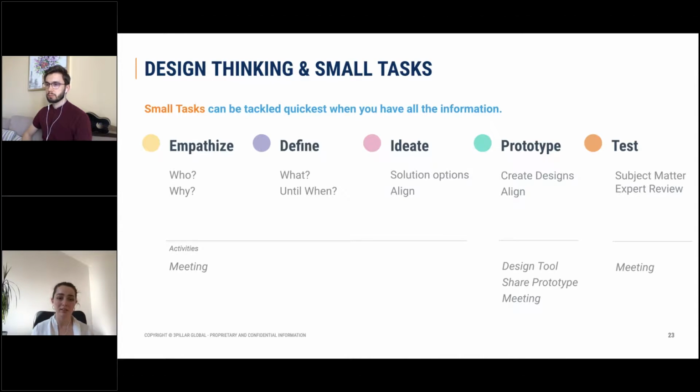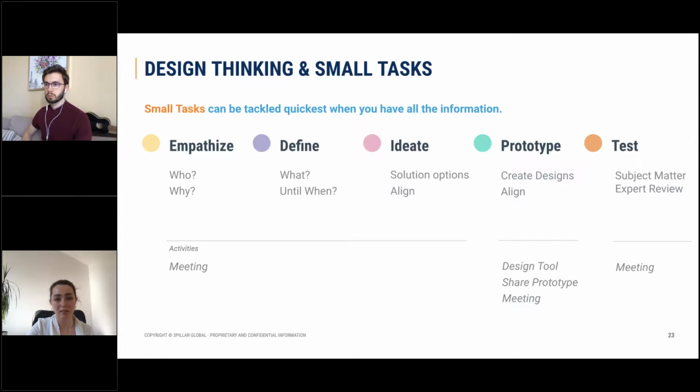Again, I want to underline that these are very small tasks. It's clear all of the whys, all of the whats. We just needed the design so that it can aid into the building of the solution by the engineering team.